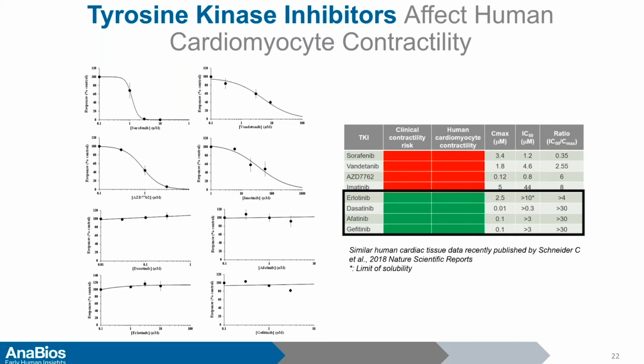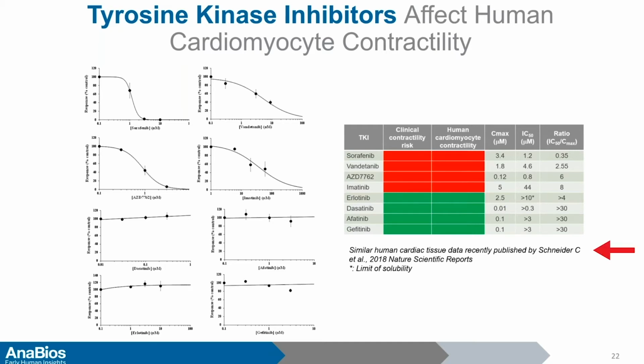Our data are in agreement with recent data published in 2018 in Nature Scientific Reports. In this paper, sorafenib was shown to induce negative inotropy when tested on human cardiac preparations.